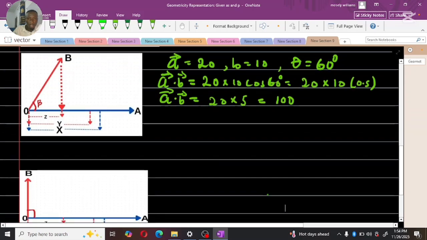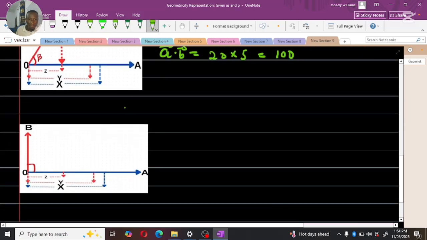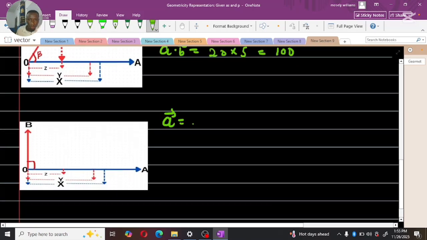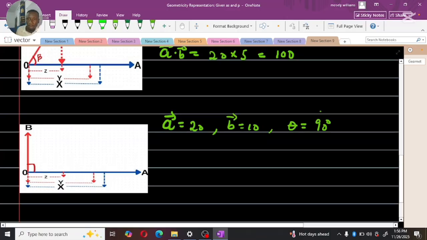The last but not the least: A is still 20, vector B is equal to 10, but our angle theta here is equal to 90 degree. What does that imply?